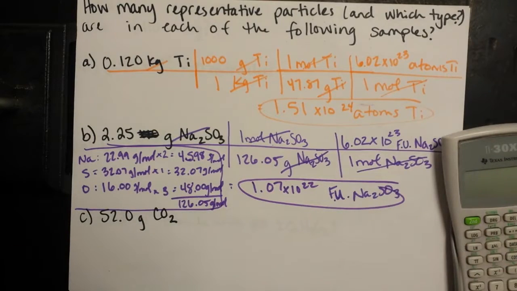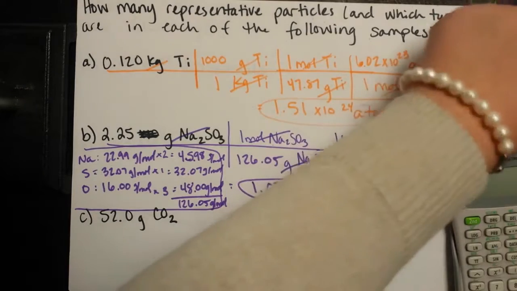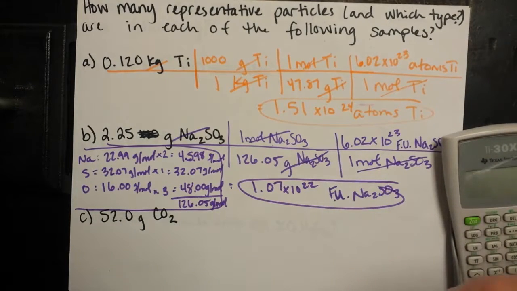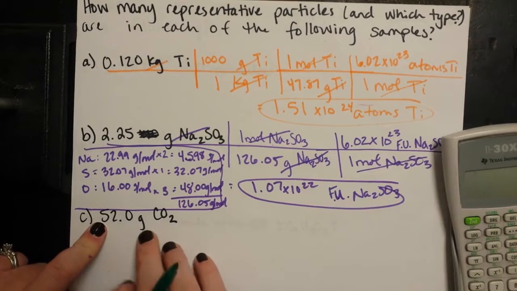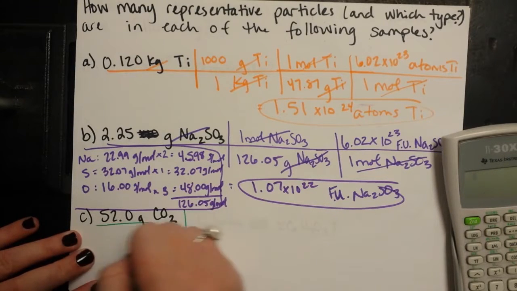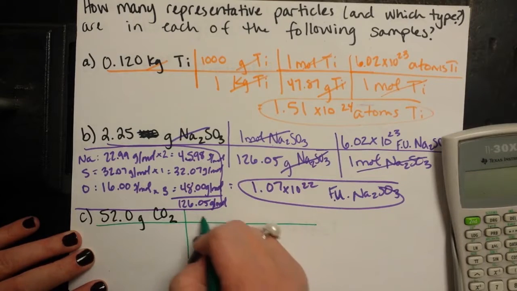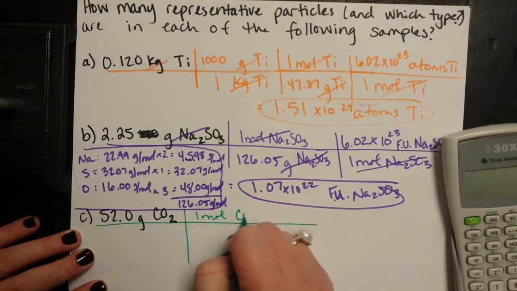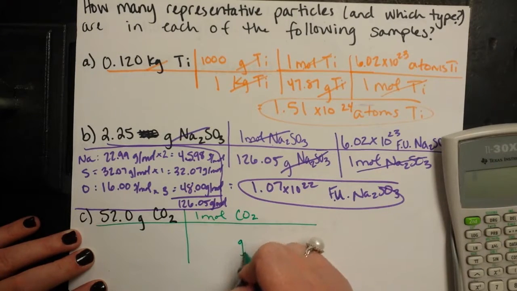All right, let's do another color for carbon dioxide. Here we've got a mass of carbon dioxide. I want to get out of grams and into moles. So 1 mole of carbon dioxide is going to have a mass of a certain number of grams.